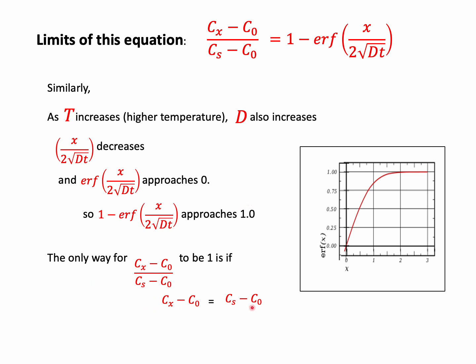And then again, that's only possible if the concentration at depth x is equal to the concentration I put at the surface. So if I run this process at a higher temperature, I approach having the concentration at depth x equal to the surface concentration.